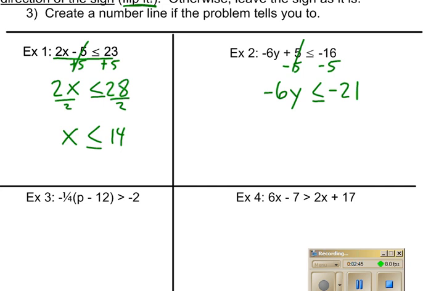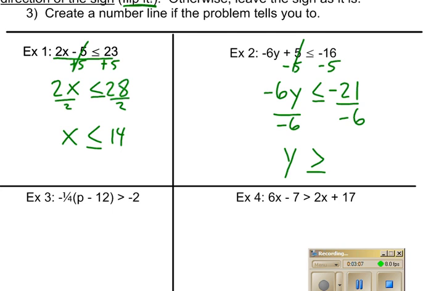After that, we need to undo by dividing by negative 6. Before I write down my sign, I divided by a negative number, which means I need to flip the sign around. So instead of less than or equal, now it's greater than or equal.